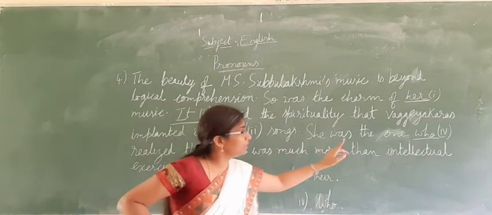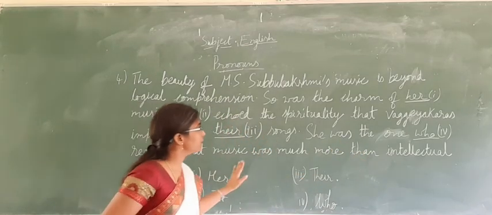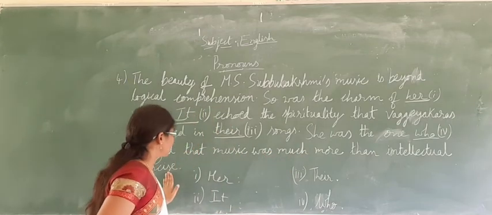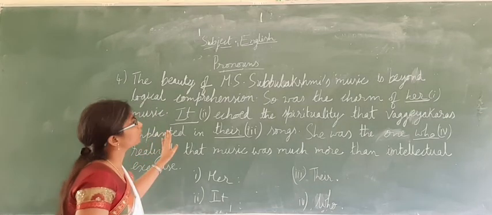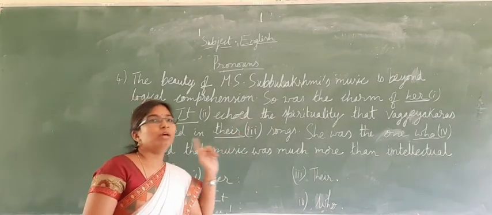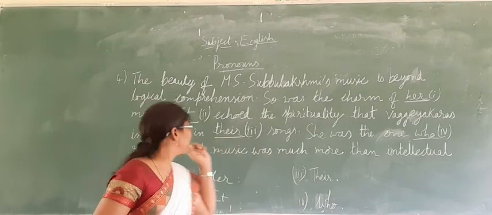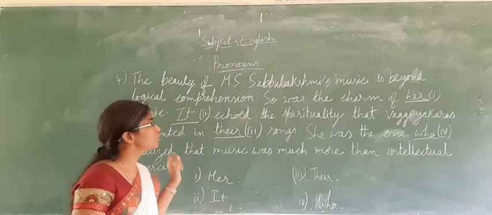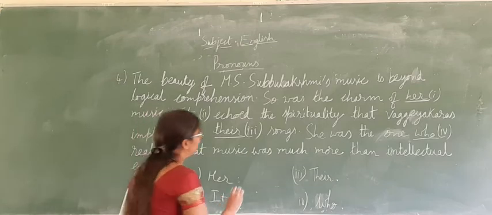She was the one who realized that music was much more than intellectual exercise. Here, the underlined pronouns are her, it, they, who. First, 'her': so was the charm of her music. Whose music? M.S. Subbalakshmi's music.